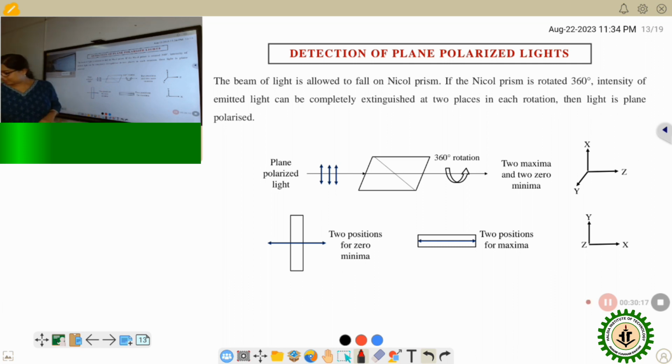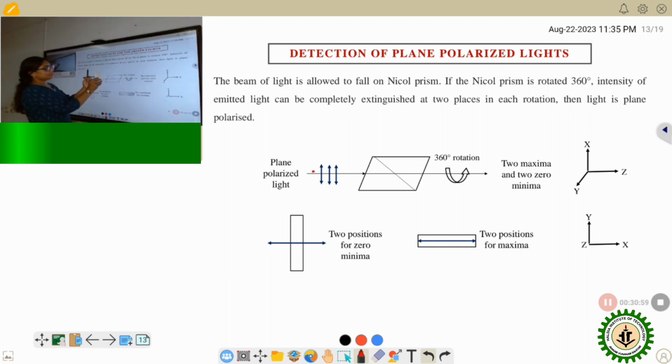Let us say this is the incident plane polarized light, and this is our analyzer, where along the length we will have the axis of the crystal, and let this be the direction of vibration of the polarized light.